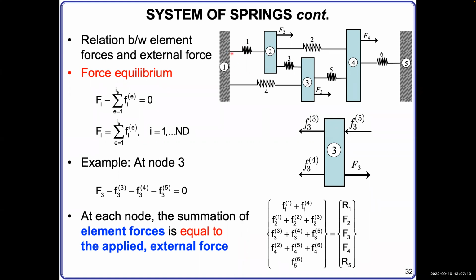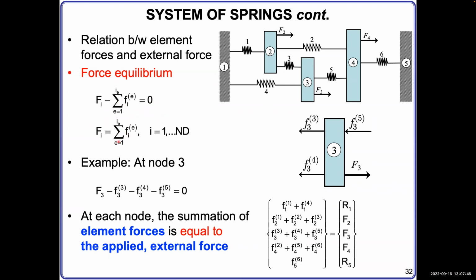So then we need to add a minus sign for the force generated by the spring, which we already derived before, FIE, the force generated on one end of the spring. That force will be in equilibrium with the external applied force. So the external applied force minus the sum of all the forces coming from the springs equals zero. And then you can move this sum of the forces to the right hand side.